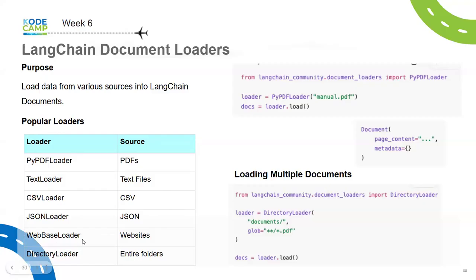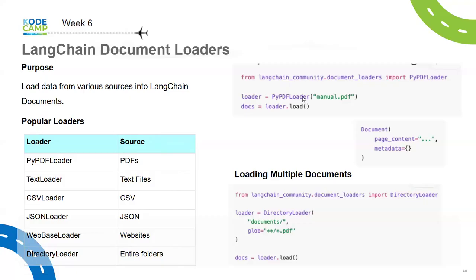A web-based loader, which allows you to load content from a website. Basically, you're reading the content from the website. So they also have that. They have a directory loader that allows you to load everything in a particular folder or directory. So the loaders give you a lot of power and flexibility, right?